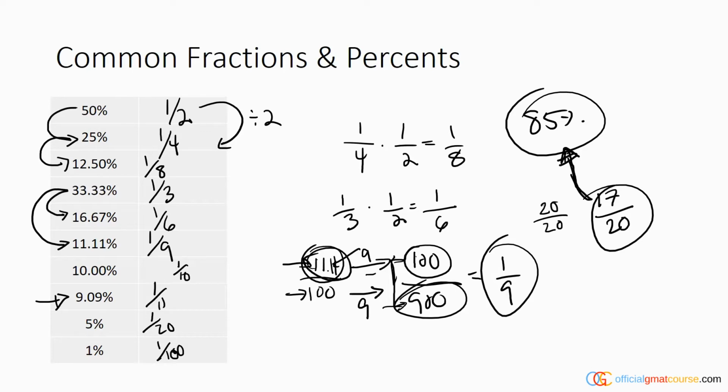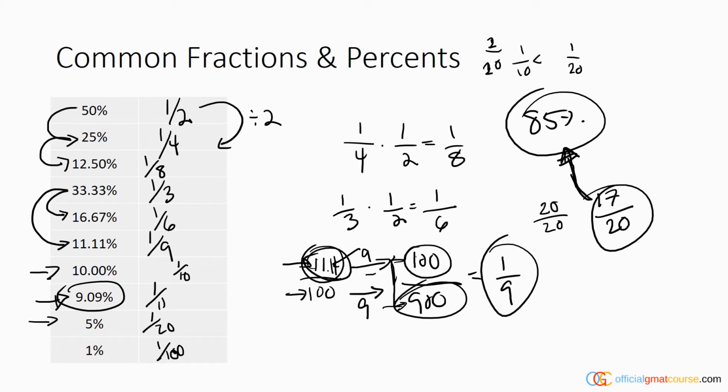Now, another way to ballpark numbers, for example, let's take the 9.09% example again. We know it's between 10% and 5%, which means it's between 1/10 and 1/20. And we can think of 1/10 as 2/20, but in this example, I think it's also good to think of it simply as 1/10.